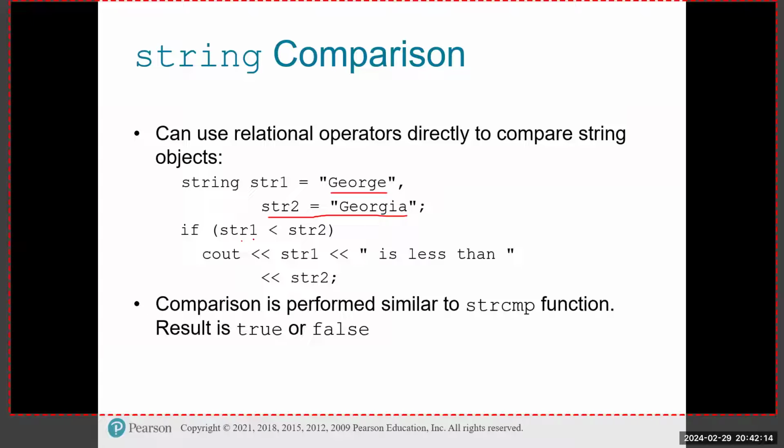If string1 is less than string2, the comparison is performed similar to the strcmp function, and it results in true or false. strcmp is a function that gives you a result, but you can do it this way as well.